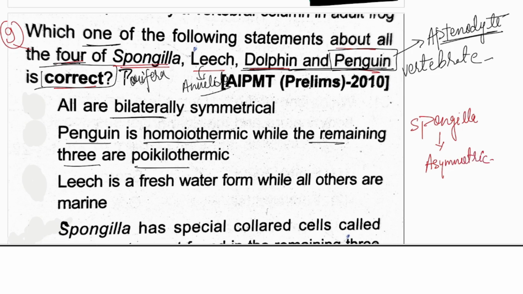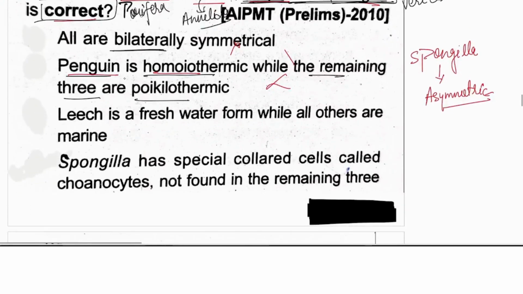Then, penguin is homeothermic while the remaining three are poikilothermic. Penguin is not poikilothermic, it would be homeothermic. Dolphin is also homeothermic, not poikilothermic. On the basis of that, this is also incorrect. Then, the leech is freshwater while the others are marine. Leech would actually be from the Annelida, Hirudinea.